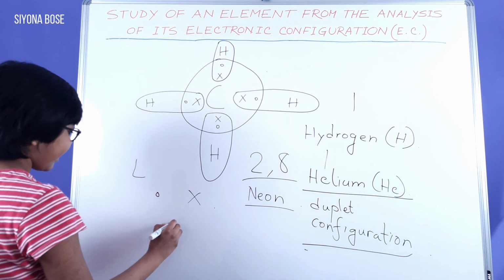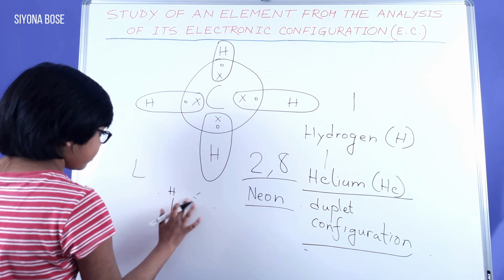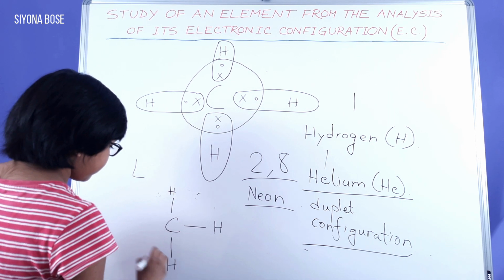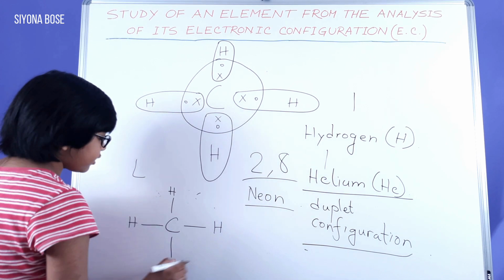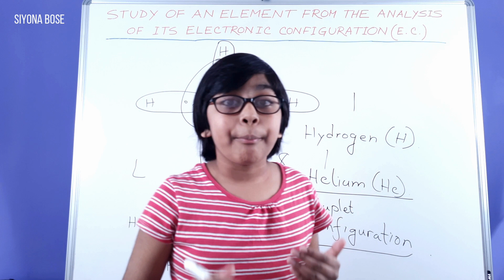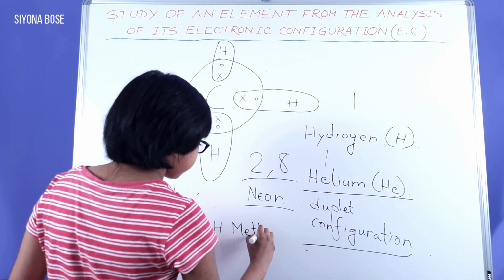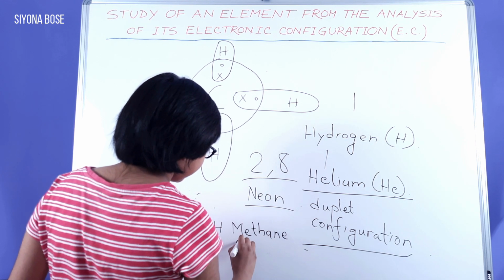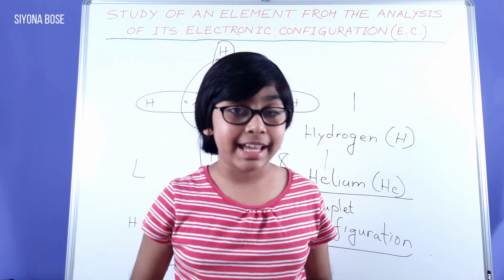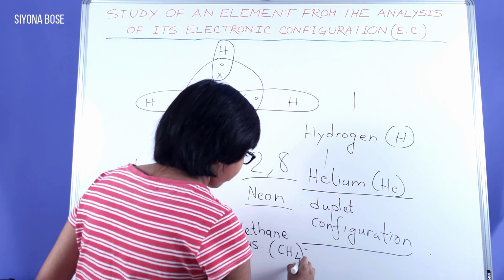Actually, if we draw it skeletally, in a skeleton structure, we get this. This is called methane gas, which is a very famous greenhouse gas with the formula CH4.